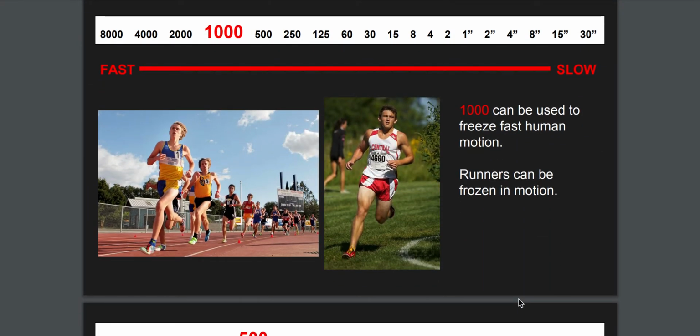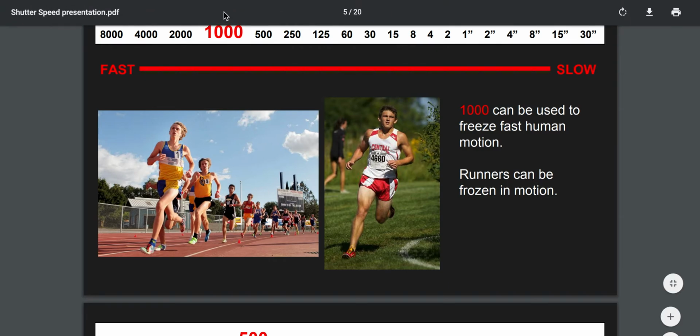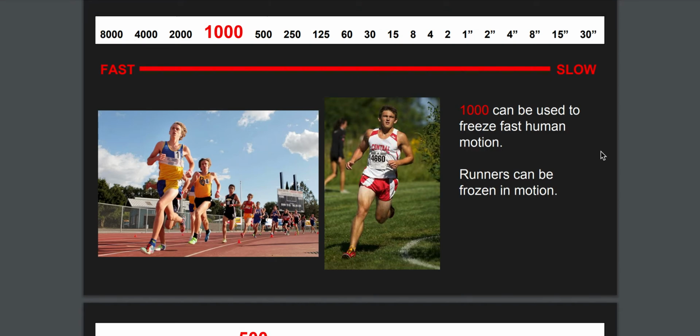1/1000th of a second is great for freezing humans in motion. I'm a runner, so I generally use a shutter speed of 1/1000th of a second, unless I have someone like Usain Bolt that I'm trying to capture coming out of the starting blocks.